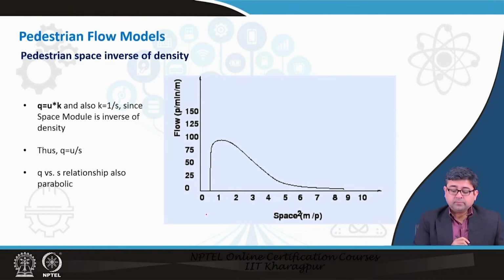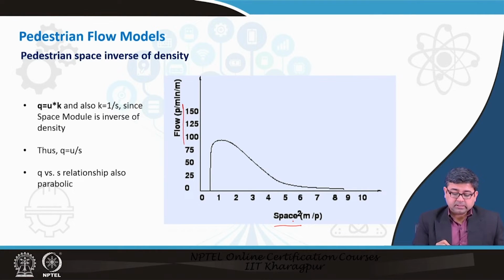Next, we have seen the macroscopic models for vehicles, where we have seen the relationship between flow and density. But now here if we change the graph to see the relationship between flow and space, because remember, in the pedestrian realm we sometimes use space instead of density.